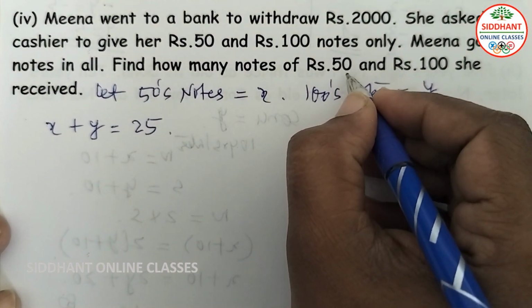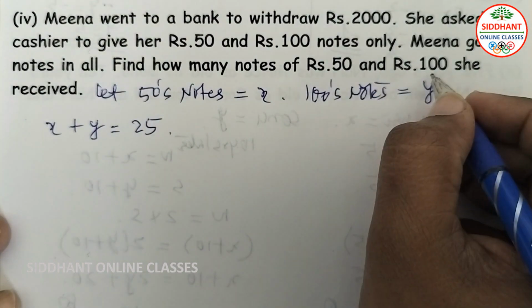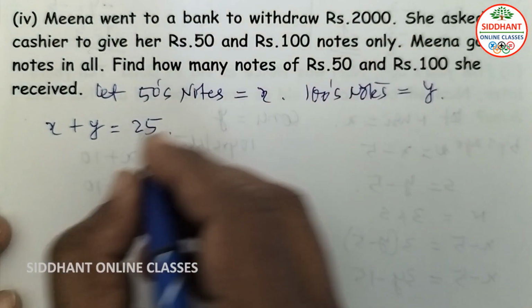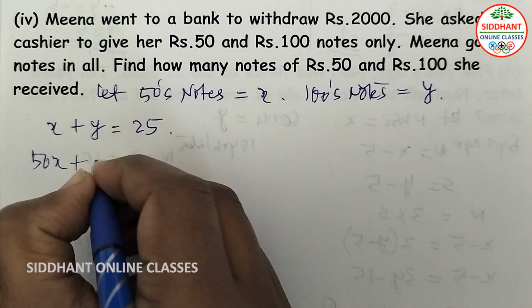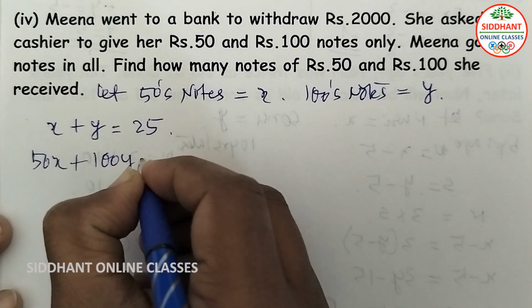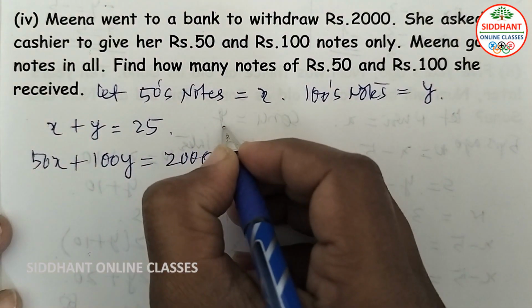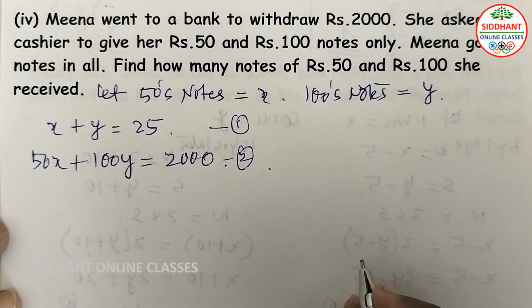And 50 notes and 100 notes, when you see, the total will be 2000 here. That means 50 rupees notes means 50x plus 100y. The total is 2000 rupees. Now we get equation 1 and equation 2 here.